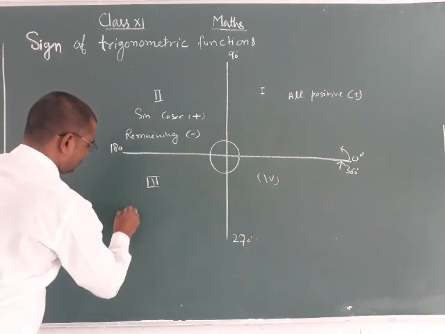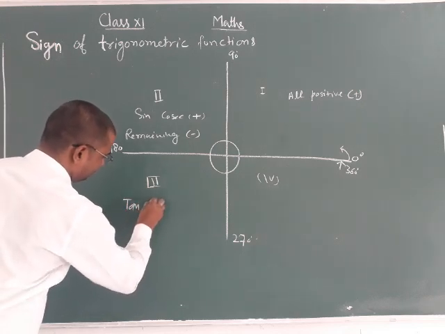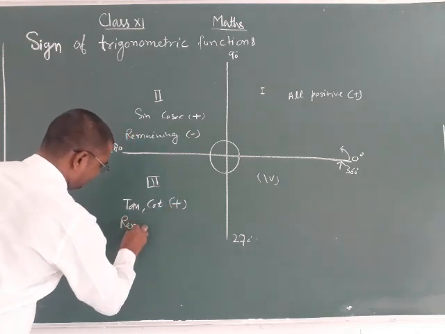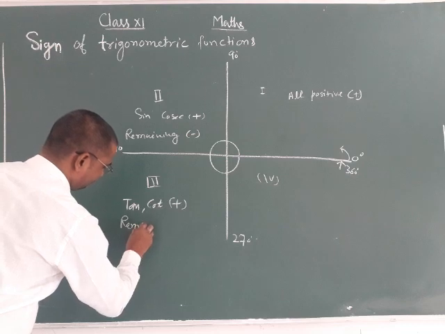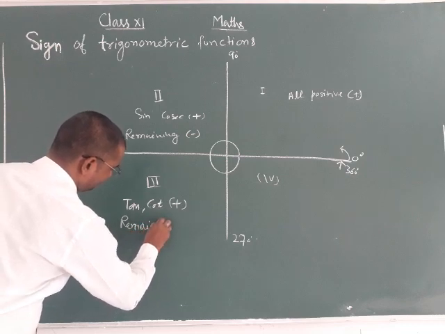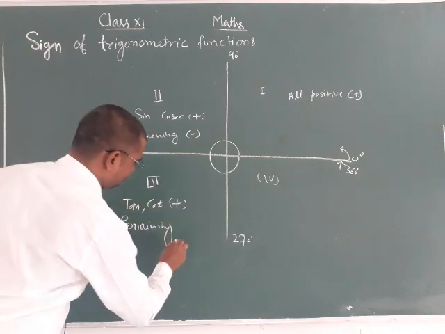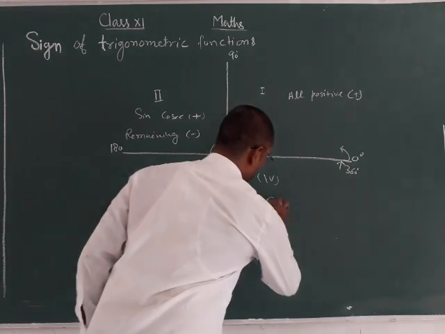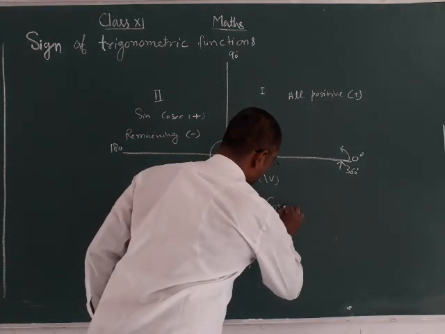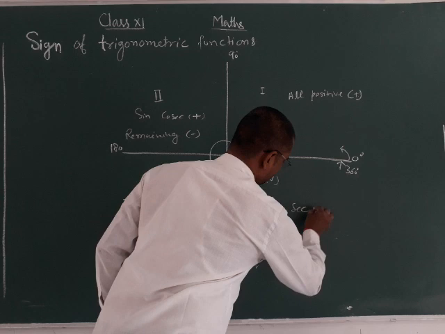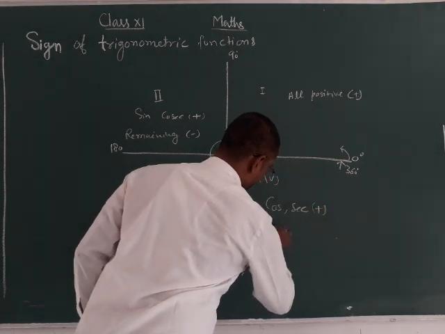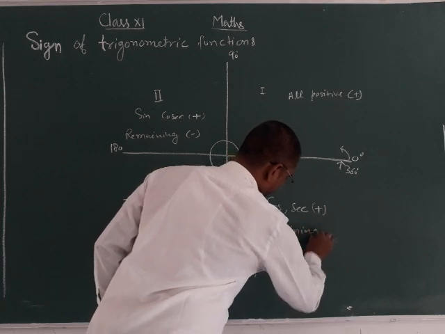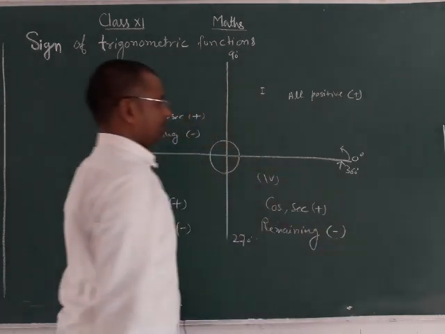And third, tan and cot positive and the remaining ratios negative. And fourth quadrant, cos and sec positive and the remaining ratios negative.